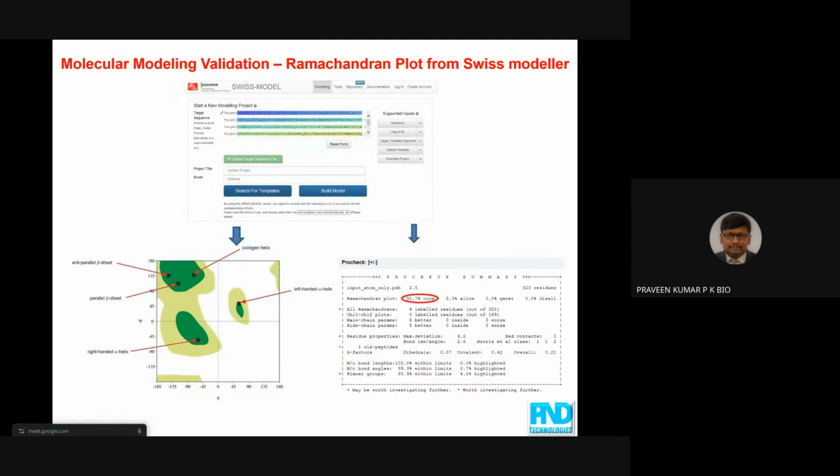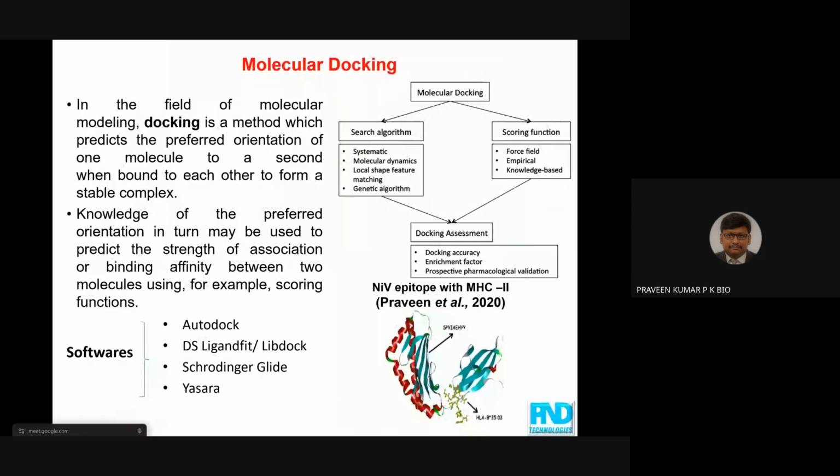Of course, we also use the Ramachandran plot, and the number of favored residues gives an idea of the stereochemical quality of a protein. Other than this, we can also assess quality through the CASP tool, and RMSD, root mean square deviation, can also be checked to assess the quality of the proteins.